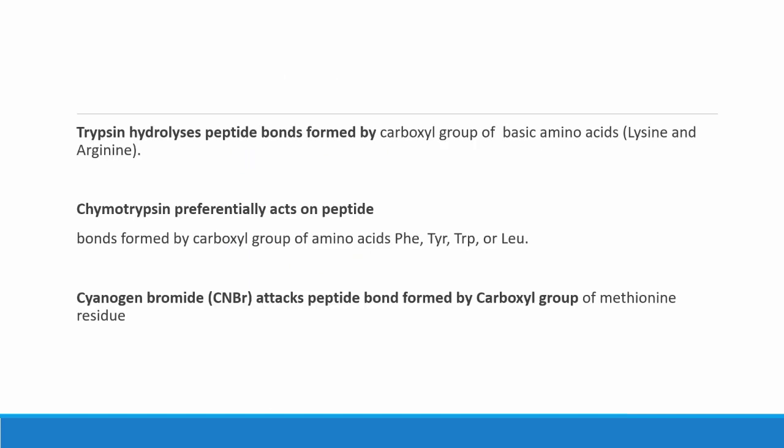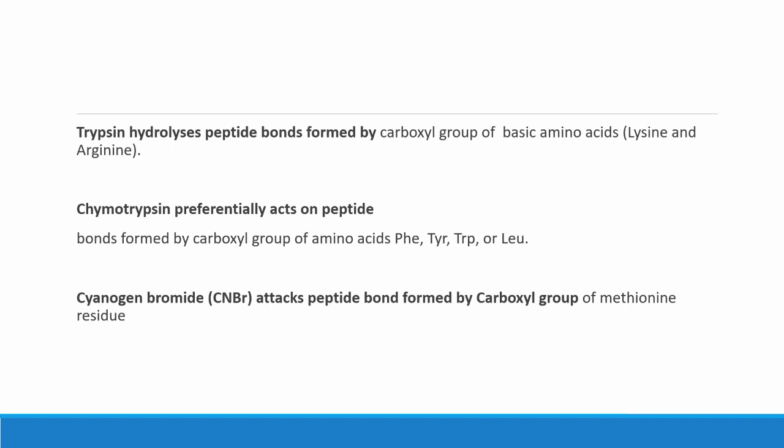Now, trypsin, chymotrypsin, and cyanogen bromide act in a way to cleave different amino acid peptide bonds. For trypsin, the peptide bond formed between lysine or arginine and the next amino acid is cleaved.